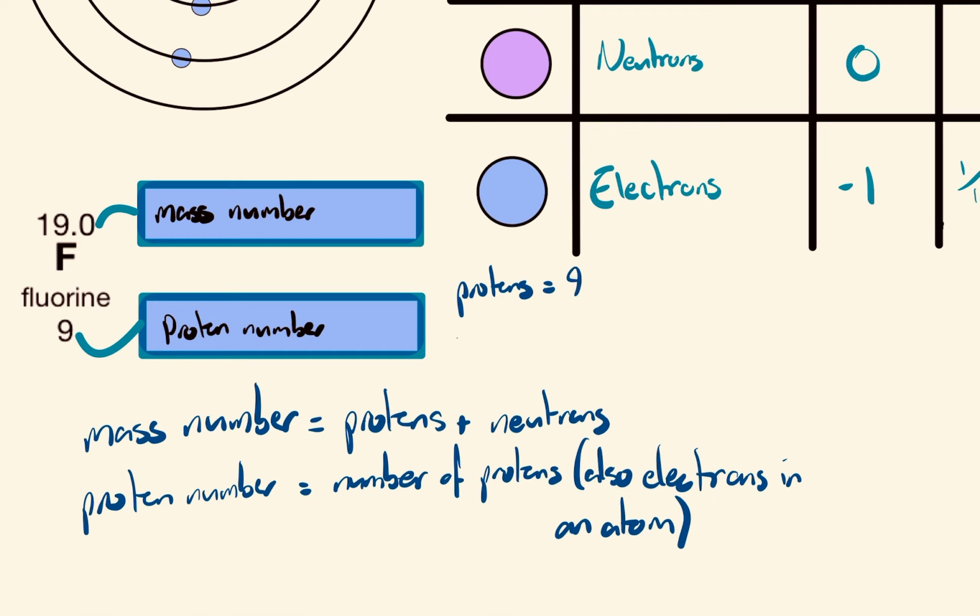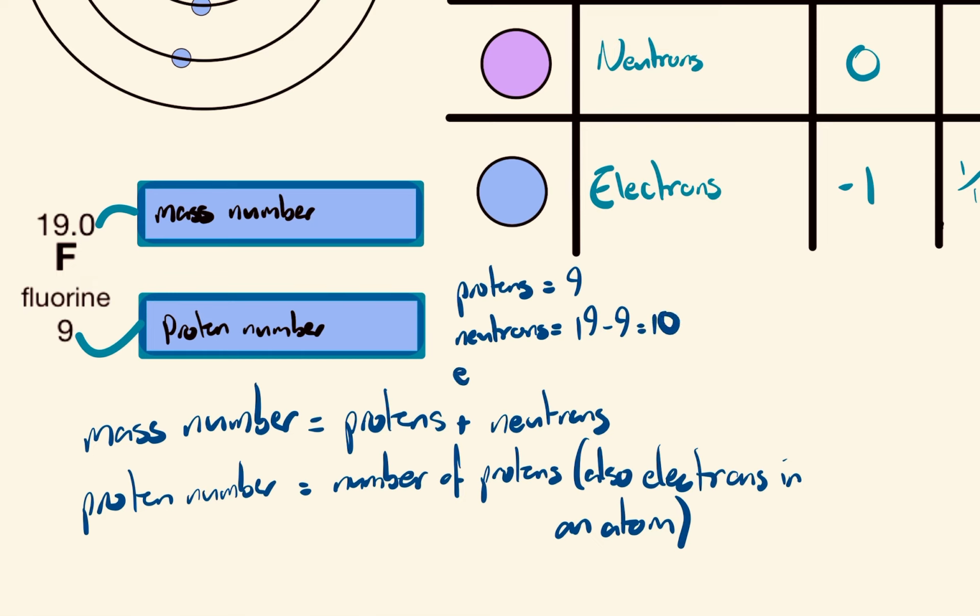Our neutrons is very simply going to be our mass number minus our number of protons. So we've got 19 minus 9 giving us 10.